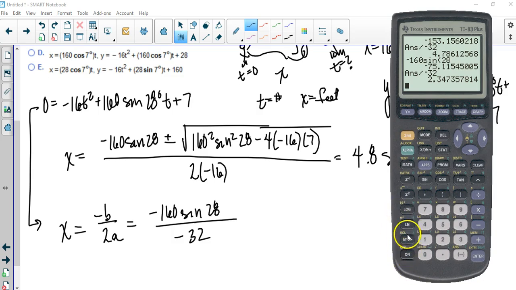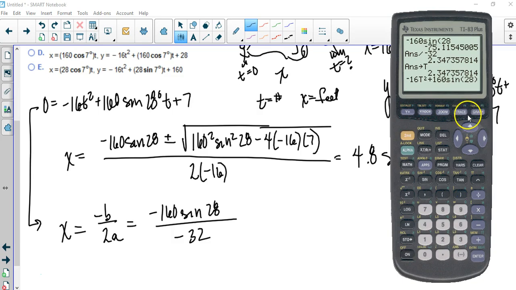I need to plug this number in to my y part. And then let's see, the easiest way to do this is to hit store and then hit the variable key. So now every time I type that in on the main screen, it will do the substitution for me. Watch. It's a pretty handy little tool. Make sure you close that trig function before you hit the t, or else it's going to find the sine of sine 28t instead of finding sine of 28 and then saying times t.